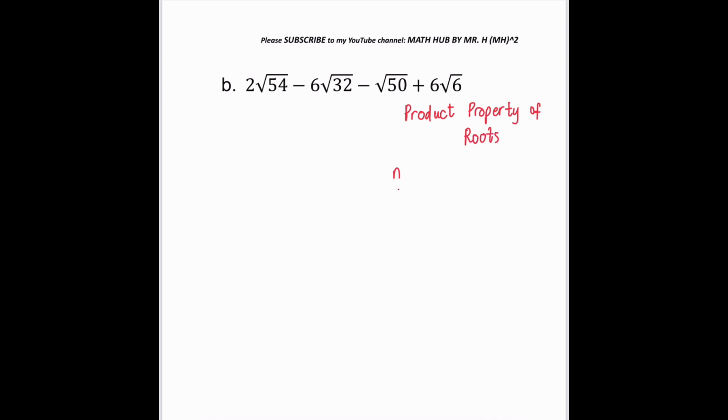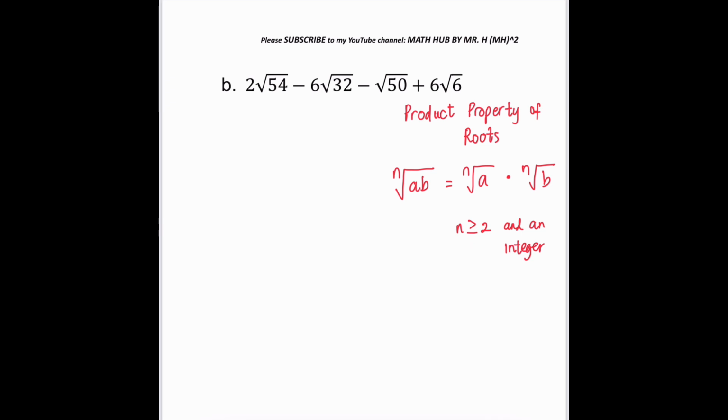If you're given nth root of a times b, we can rewrite it as nth root of a times the nth root of b. There's a restriction here: n is greater than or equal to 2 and an integer.